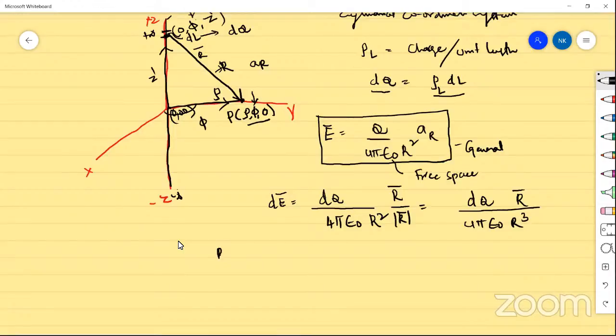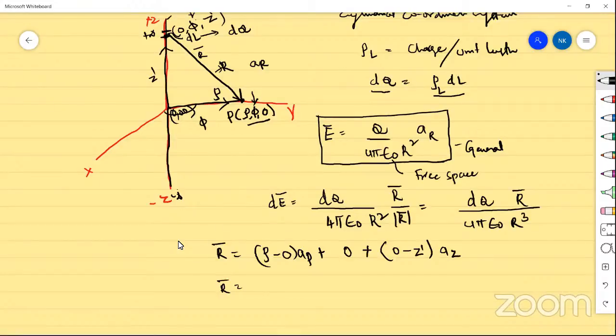Then R bar, you can write it as this minus this into vectors. Rho minus 0 into a rho plus 0, because I am considering on the same plane, phi is same, so that will be 0, and 0 minus z dash into a z.